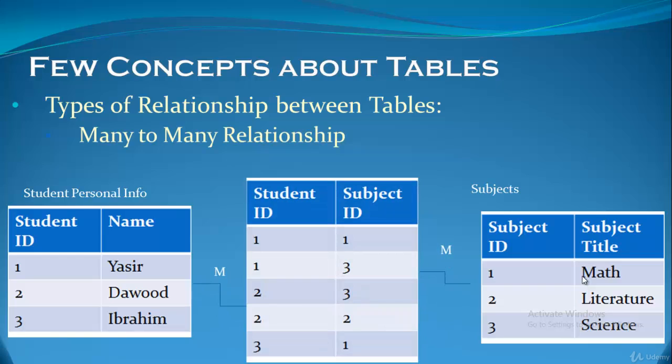To create a many-to-many relationship, we always have to define a mapping table between these two tables. In our example, you can see that a student Yasir has chosen two subjects, which are mathematics and literature. And vice versa, the subject mathematics has been selected by two different students.